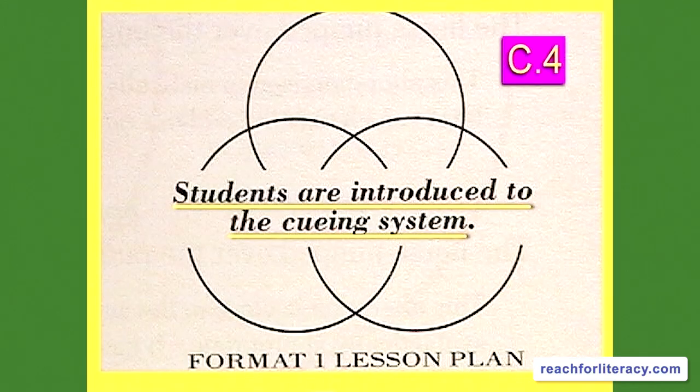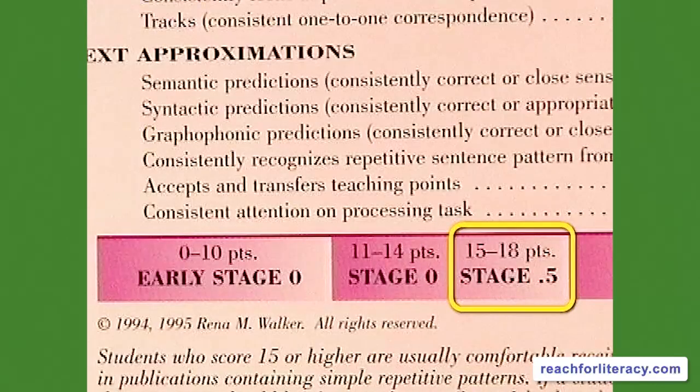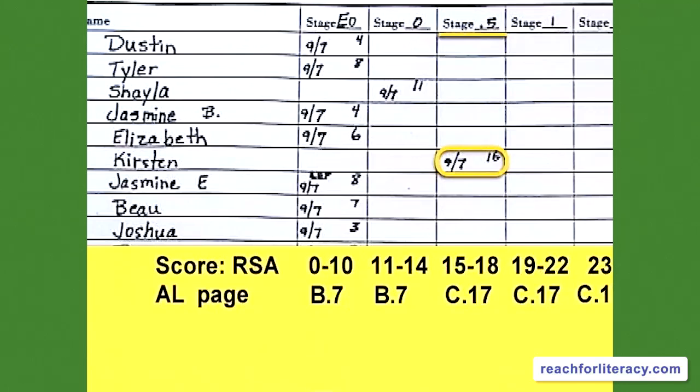Print awareness, now we're ready to go to the next level of development. At this level, we're still in stage 0, but it's called point 5, and our RSA assessment indicates that they are scoring 15 or higher, meaning that they have established the print awareness level, and now they're ready to move on to published books.